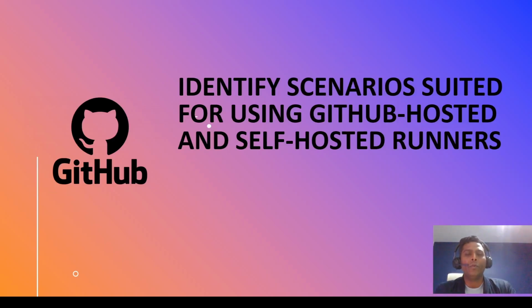Hello and welcome back. In this topic, we're going to discuss identifying a scenario suited for using either GitHub-hosted runners or self-hosted runners. GitHub Actions allows you to use either GitHub-hosted runners or self-hosted runners. Have we used those in our previous examples?